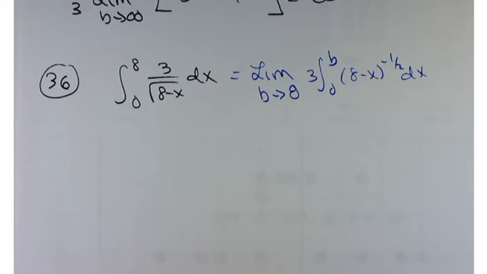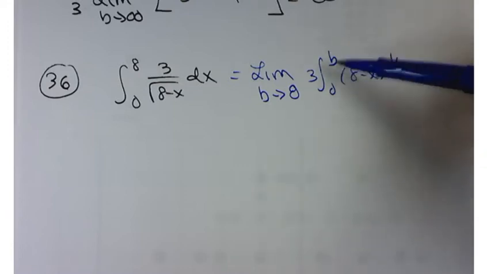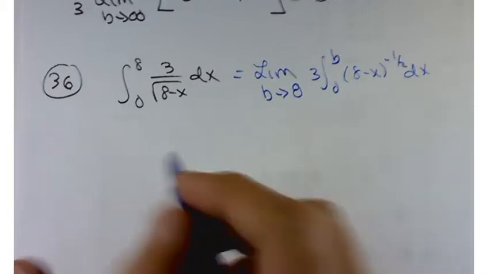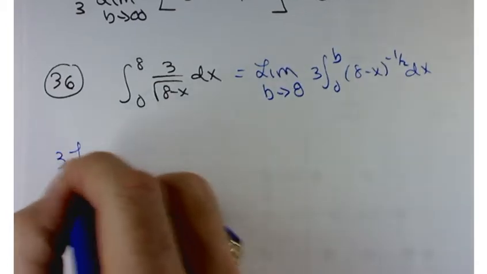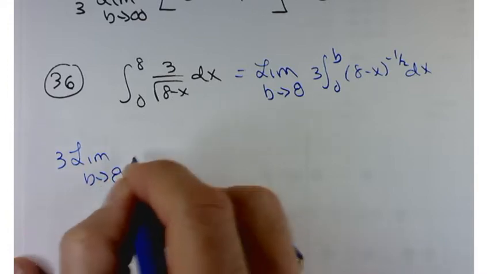Now it's up to you if you want or need to do u substitution to integrate this one. You could. It gets a little bit messy because you'd have to change the limits of integration, which maybe I'd rather not. So let's see if we can do this without that. That'd be 3 times the limit as b approaches 8.